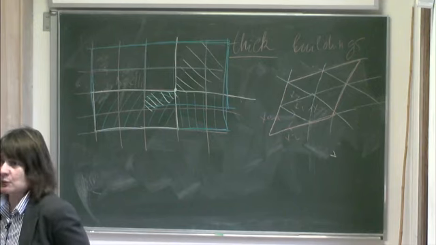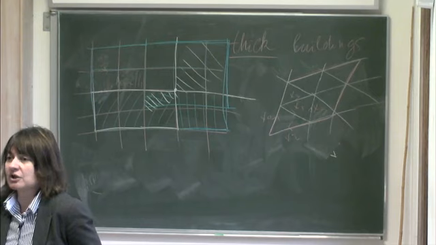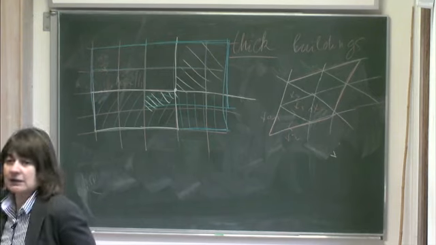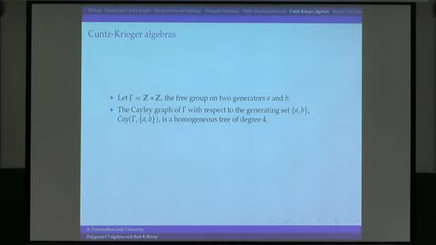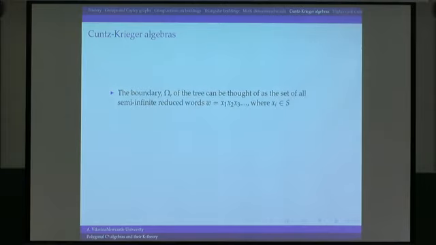And we start with the free group with two generators. Then what is the Cayley graph? The Cayley graph is this four-valent regular graph, right? And then the vertices we can treat as, or we can even think about, words on this Cayley graph.